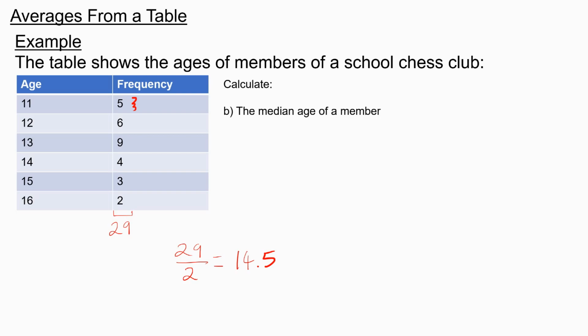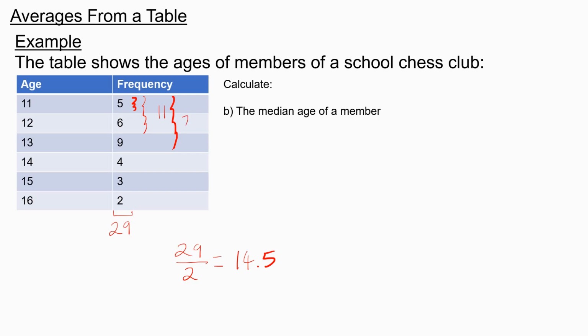Well, the first 5 values are all 11-year-olds. And then if I do 5 plus 6, we get 11. So the first 11 values are 11 and 12-year-olds. If I keep going, I have the first 20, so 5 plus 6 plus 9, from 11 to 13.